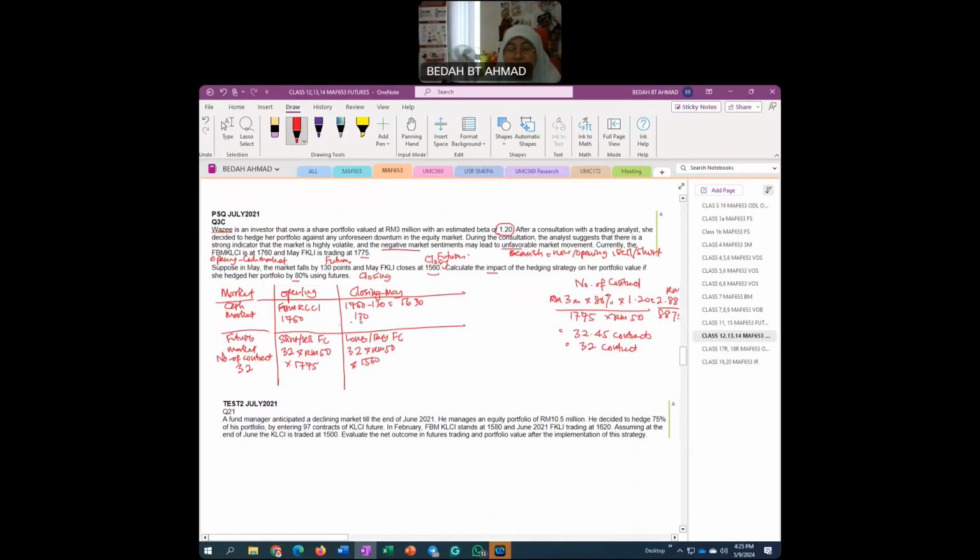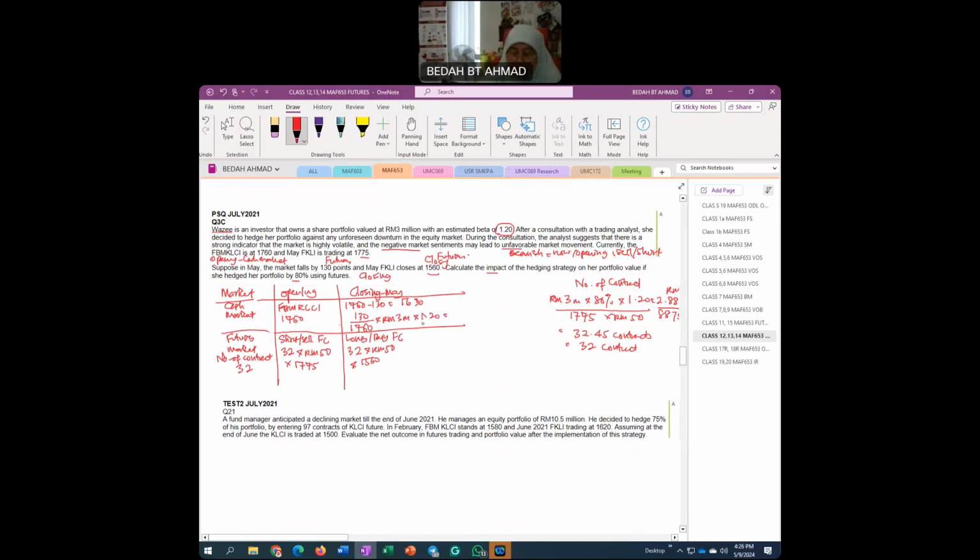So 130 divided by 1760, multiplied by the investment value of 3 million, and don't forget the beta of 1.2. Beta 1.2.